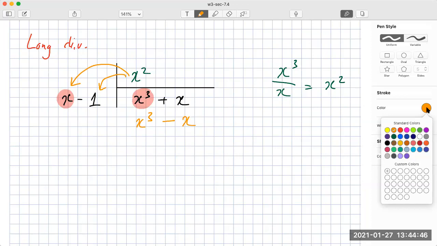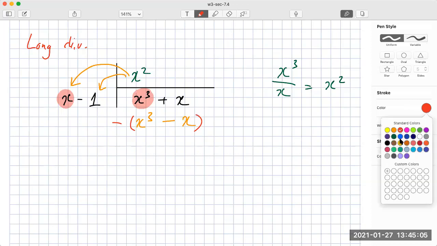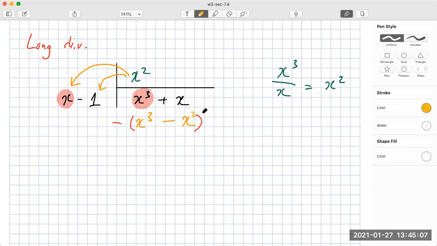Yes, we subtract. At this step, we will do subtraction right here. Remember, we subtract the whole thing, so be careful with the sign. Should it be minus x squared? Yes, thank you. Very good.